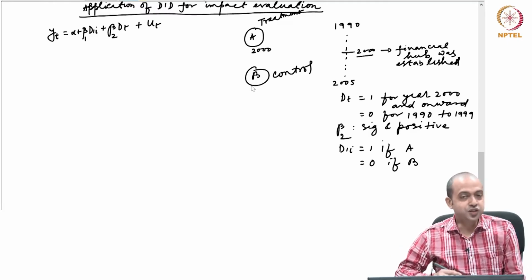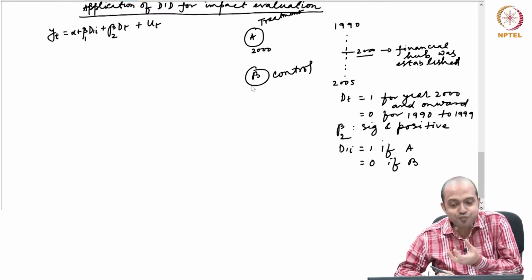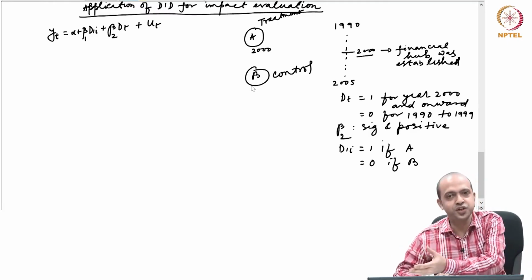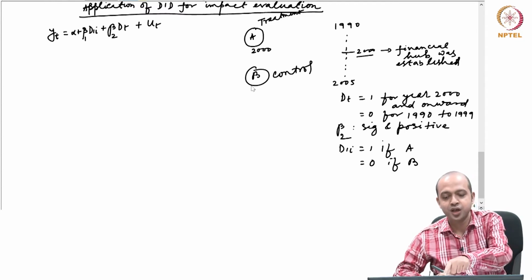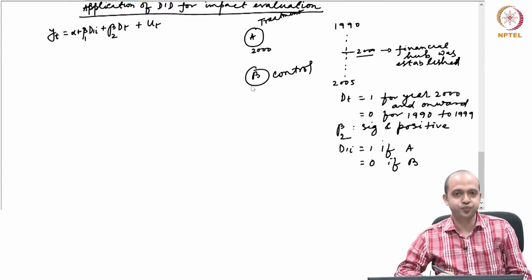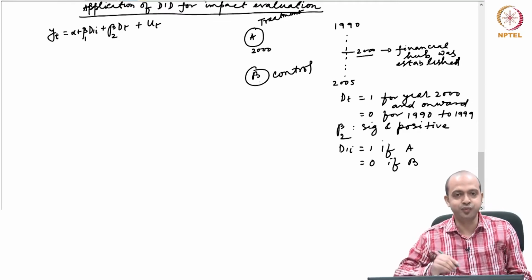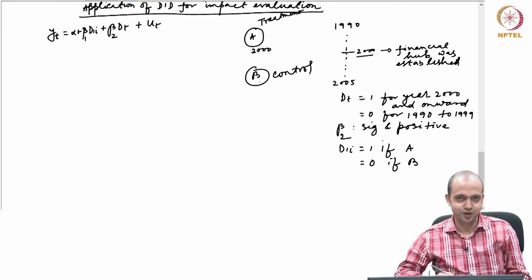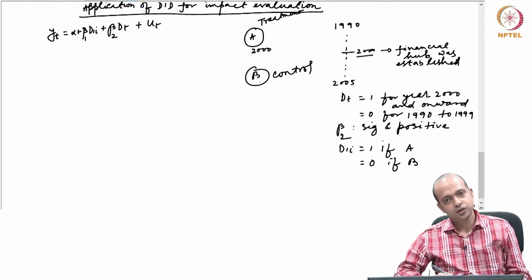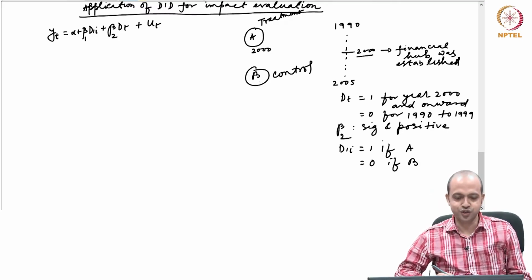Okay. So, that means you are trying to estimate the impact of setting up a financial hub in place A compared to place B, which is my control. So, this setup is actually called impact evaluation.